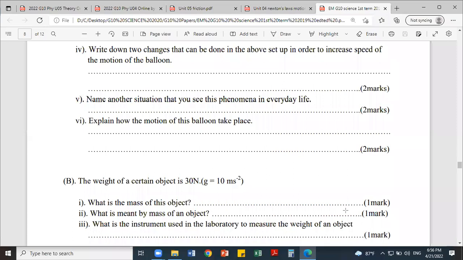How difficult it is to stop depends on the mass and velocity of the moving object. How come?